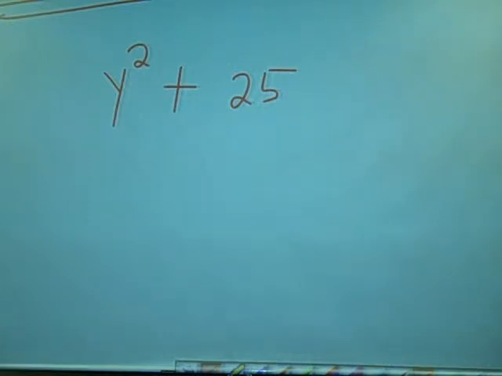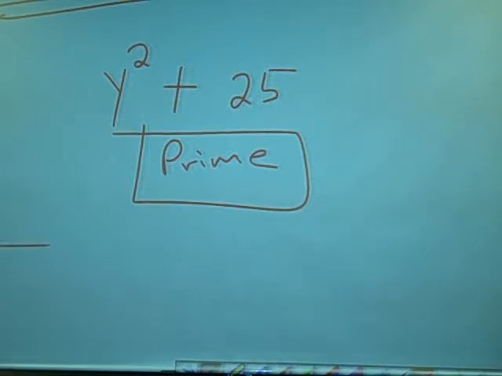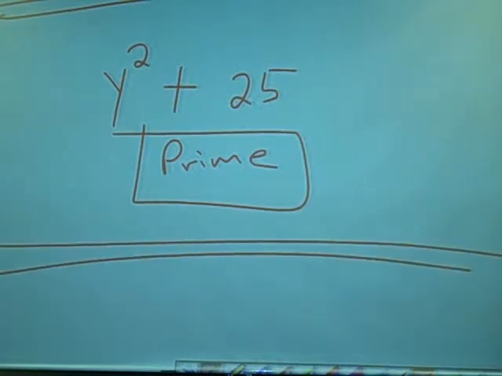What's that? Prime. Prime, right, because it's the sum of two squares we cannot factor, so that's prime. That's our answer. Good. Questions with that? Alright, that was easy enough, but it can be difficult as far as trying to remember that.